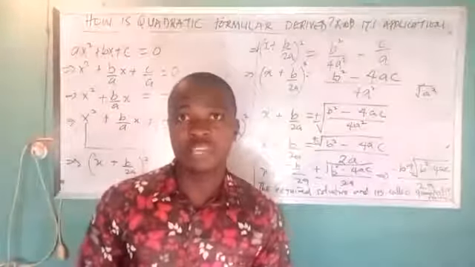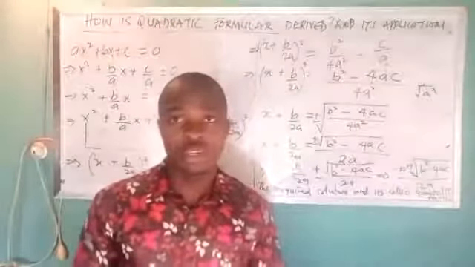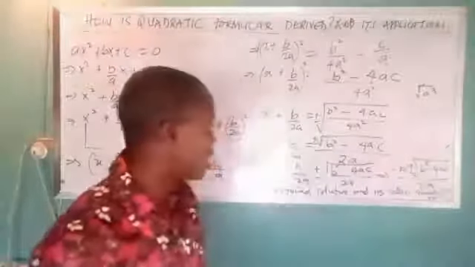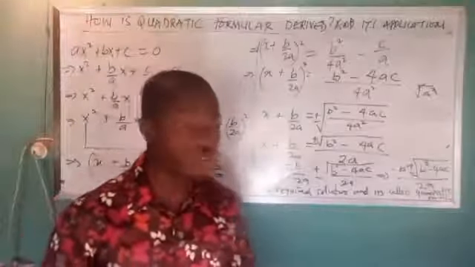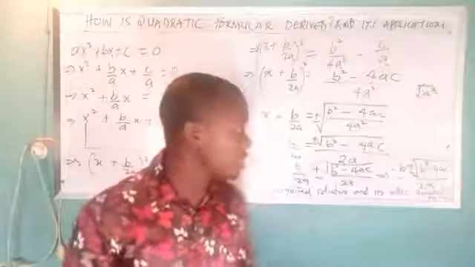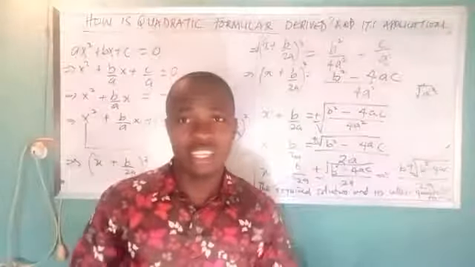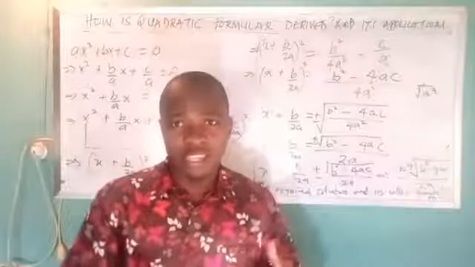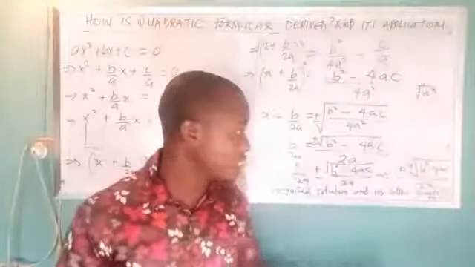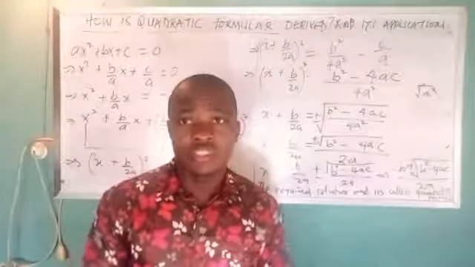The quadratic formula is the simplest way to solve any problem on quadratic equations. You don't have any problem. The only thing is to compare. If you are given any particular problem to solve on quadratic, just compare the equation to the general quadratic equation.